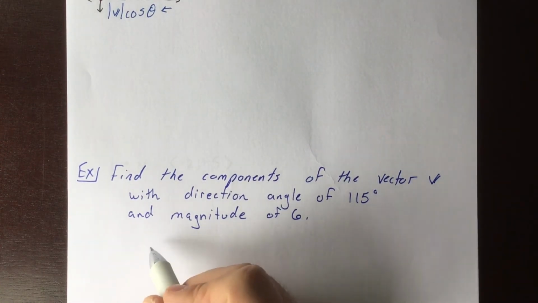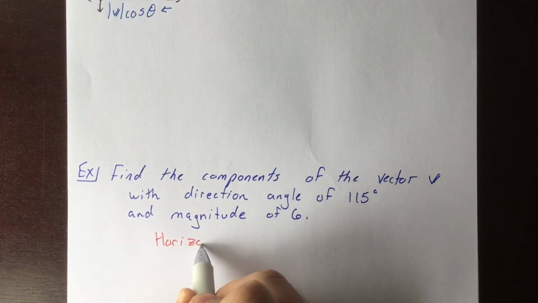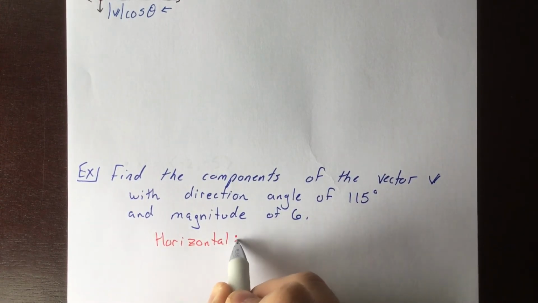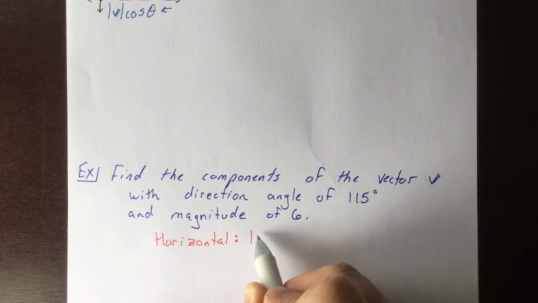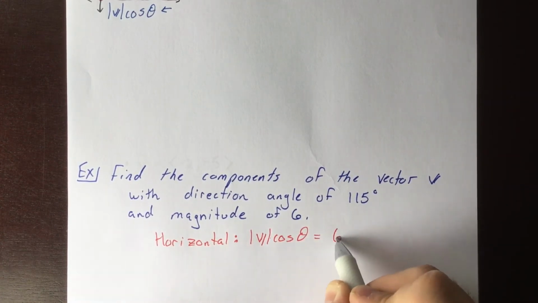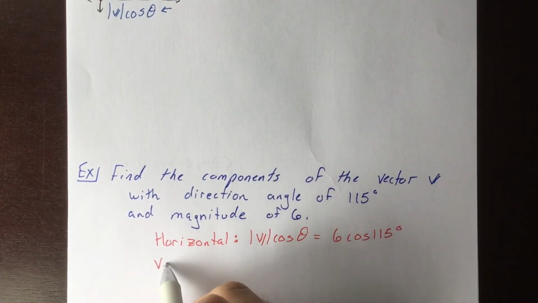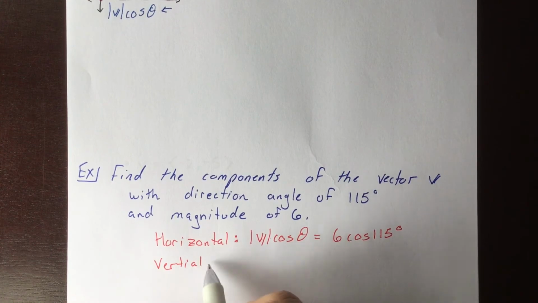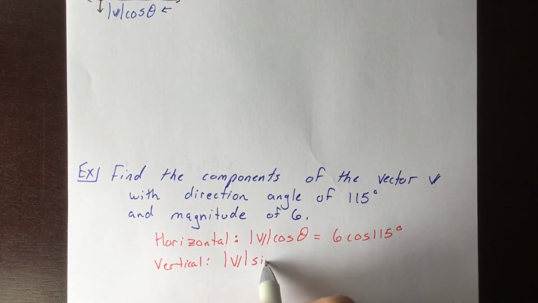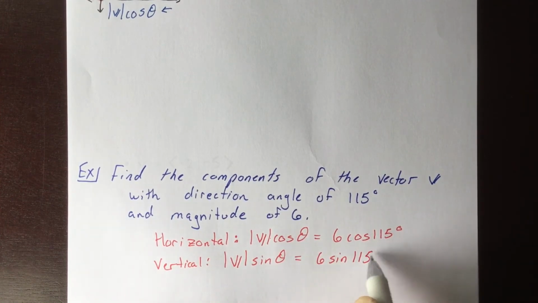So using our component form, the horizontal component is magnitude times cosine of theta, or in this case, 6 times cosine of 115 degrees. And then the vertical component is the magnitude multiplied by the sine of theta, so it's 6 sine of 115 degrees.